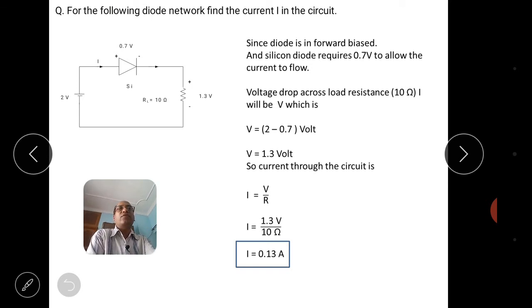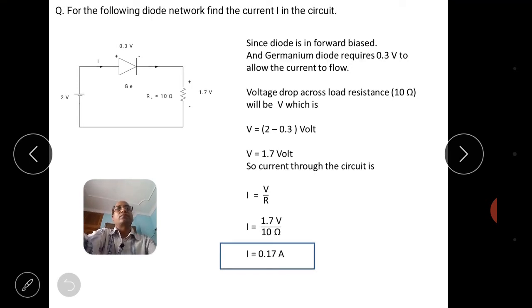So we get V as 1.3 volt. Now we have to calculate the current through the circuit. We know that I equals V upon R. So I equals 1.3 volt upon 10 ohm. That is, we get I equals 0.13 ampere.